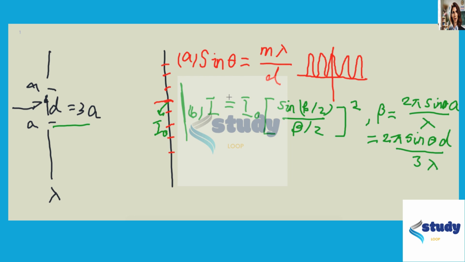And part A asks what will be the next four maxima. We will learn that m equals 1, 2, 3, 4.